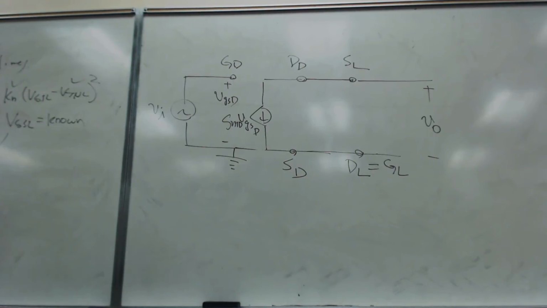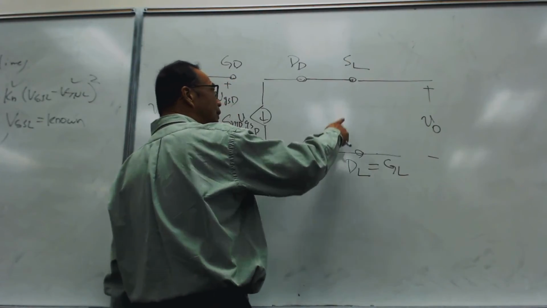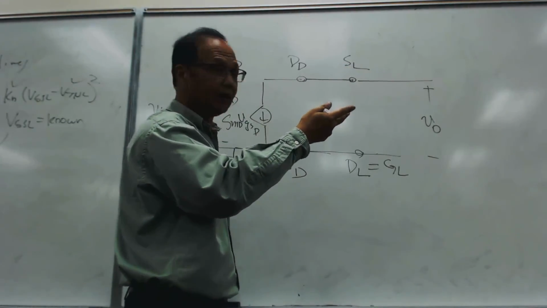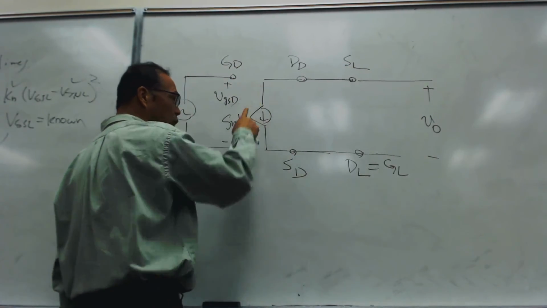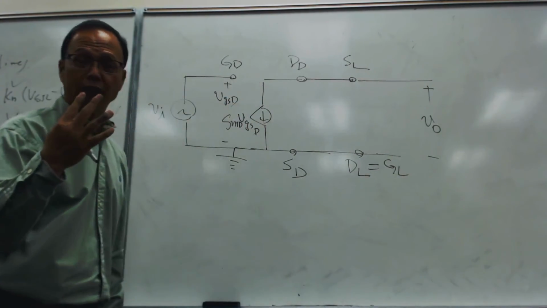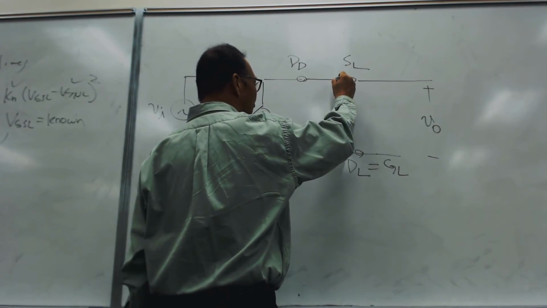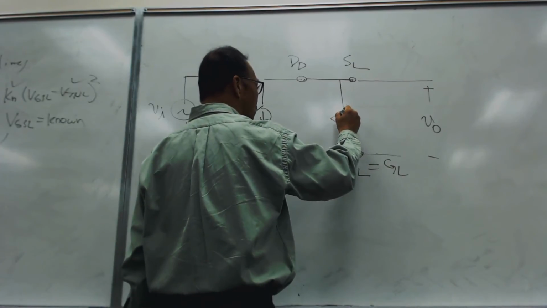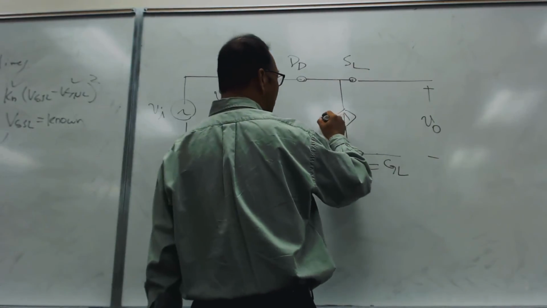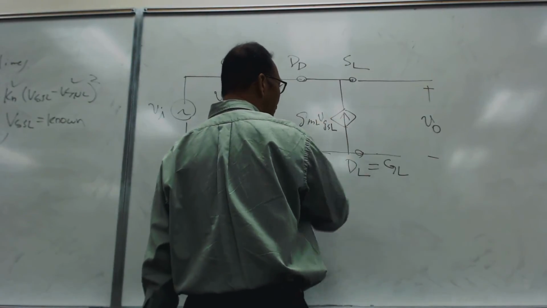Now, for the load, the drain is actually on the bottom, the source is on the top. So that means the model will have to be flipped. Got it? Because the current source always goes from the drain to the source, right? So for the load, since the drain is on the bottom and the source is on top, the current will go from bottom up, right? So this is our gm load, VGS load. Yes?